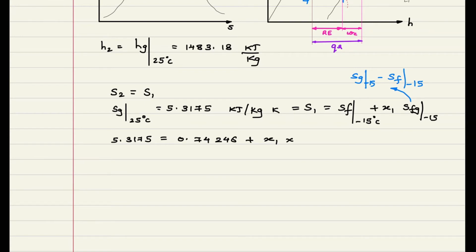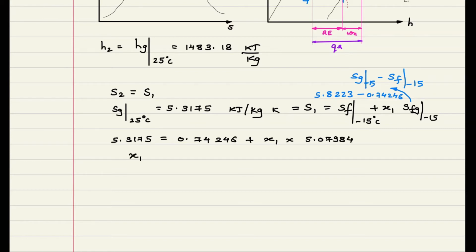Okay, now this Sg at -15, it is 5.8223 minus Sf at -15, it is 0.74246. So from here we can calculate this Sfg value, 5.07984.